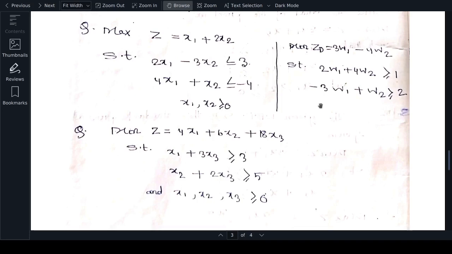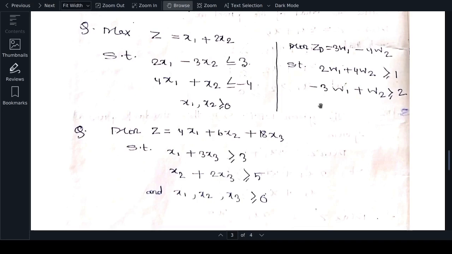Another problem: min z equal to 4x1 plus 6x2 plus 18x3 such that x1 plus 3x3 greater than or equal to 3, x2 plus 2x3 greater than or equal to 5, and x1 comma x2 comma x3 greater than or equal to 0.